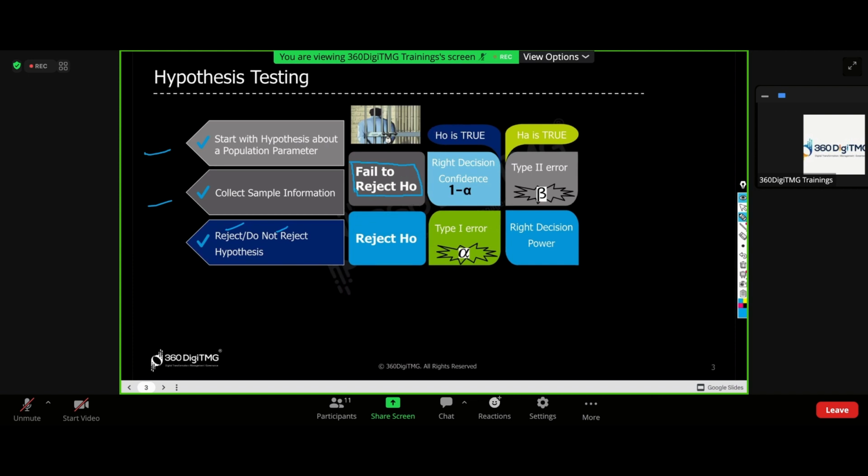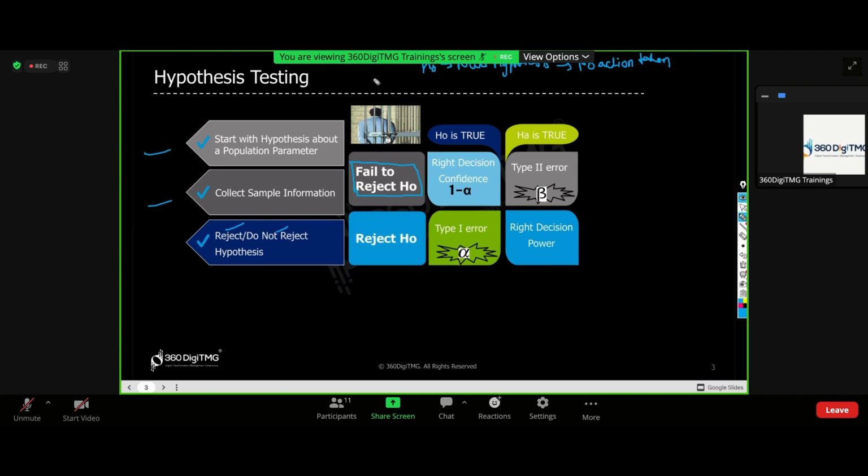H naught means null hypothesis. And what is the null hypothesis saying? No action has to be taken. That is the null hypothesis.